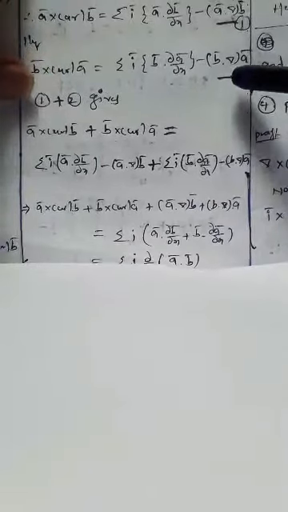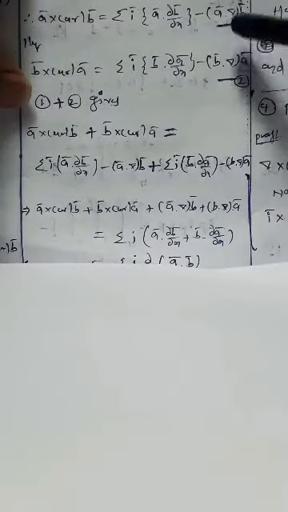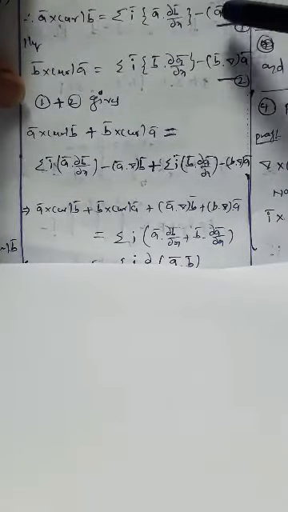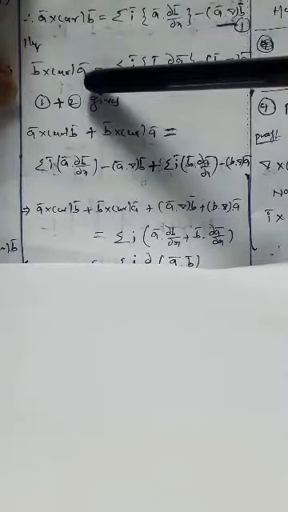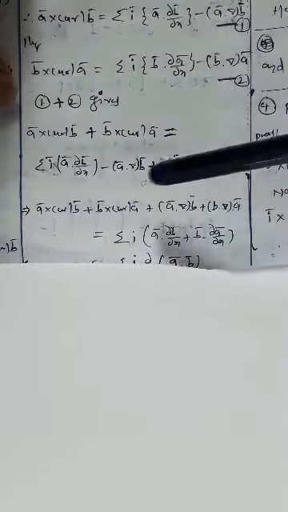Let me check this one and this one. We add 1 and 2, and A cross curl B plus B cross curl A is equal to what we got here.